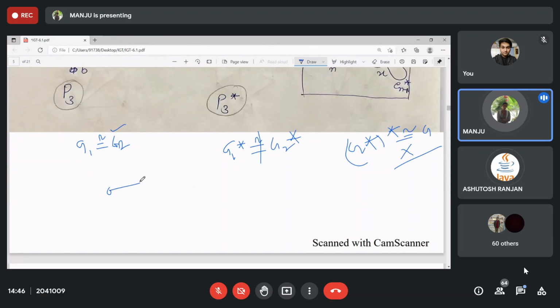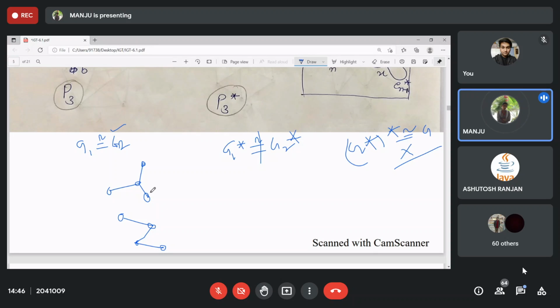See, you can have this K3, not K13. In this sense, I just want to check whether I'm getting G star, and you can have P4. Four vertices over here, 3 edges, 4 vertices, 3 edges, right?